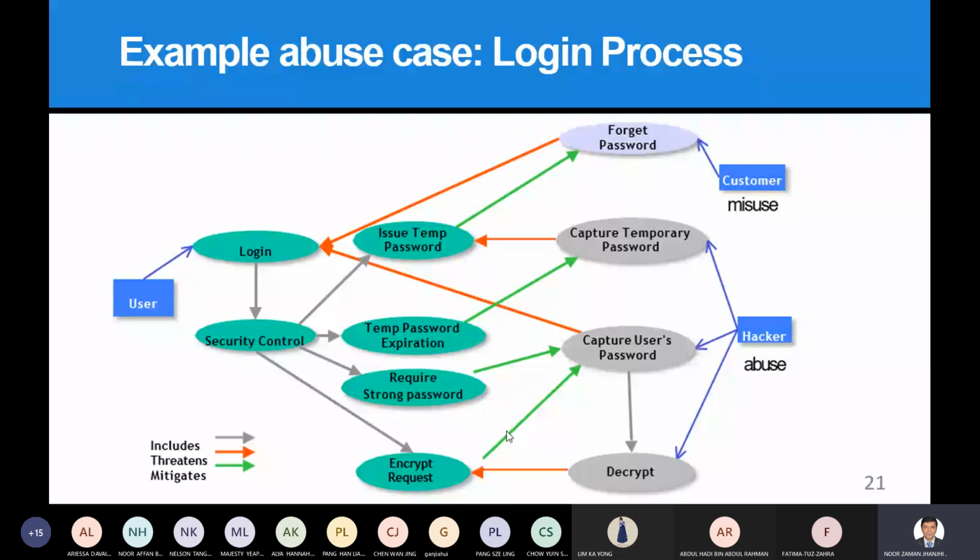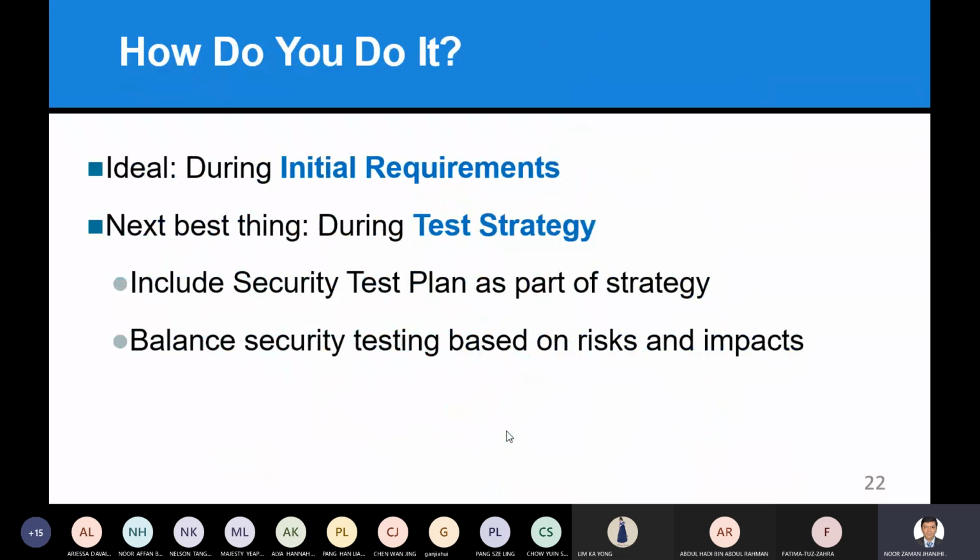While collecting the security requirements as a security engineer, we have to be careful and consider all of these points. Ideally, during your initial requirements, you need to be careful about all of these things. The next best thing is that you need to test your strategy and include your security test plans as part of your strategy.